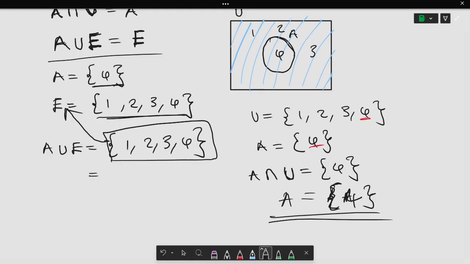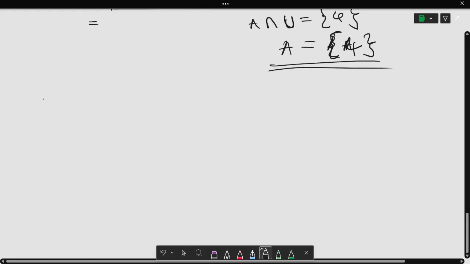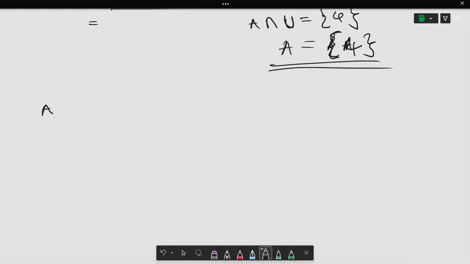Okay, what other properties can we look at? We can also look at the property that says if you have A union A complement, you are going to get the universal set. What do we mean by this?